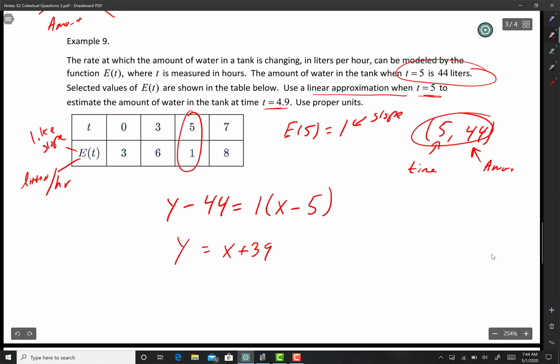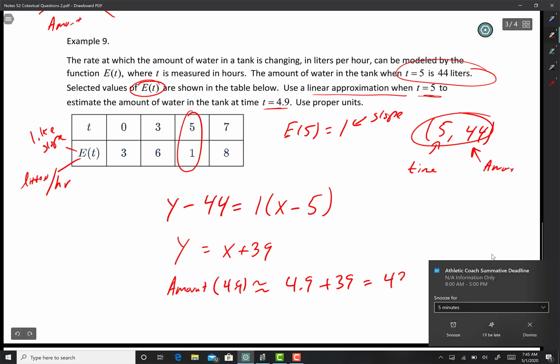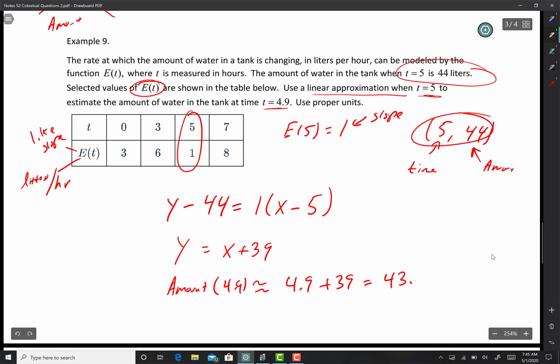And it wants me to approximate how much water is in the tank at 4.9. I'm not going to use E, guys, because E is a rate. So I'm just going to say amount at 4.9. And you can write amount instead of y if you want. It's approximately 4.9 plus 39, which is going to give me 43.9.